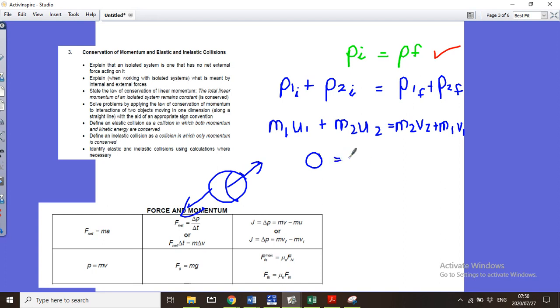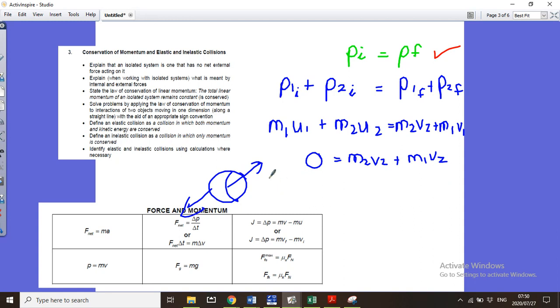And then again, that will be equal to M2 V2 plus M1 V1. So in an explosion type question, remember that the initial velocity is 0. That's also for someone standing still throwing a ball, if you're standing on ice or a skateboard, those types of questions are sometimes asked.